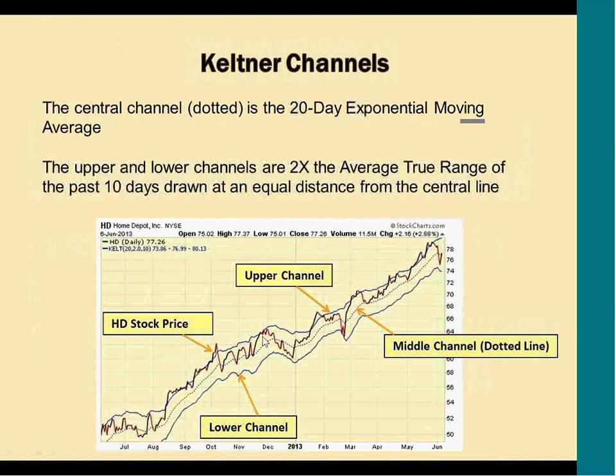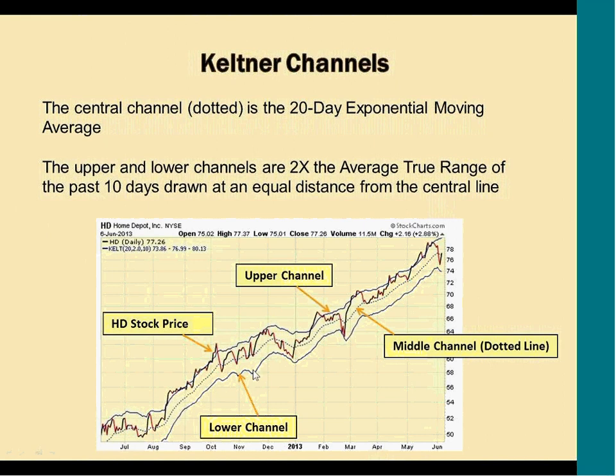These Keltner channels are good basically as an overbought, oversold indicator, and we can see when the price movement of the stock is up near this upper channel or above it, the stock is getting overbought, and it's usually going to correct after being overbought.